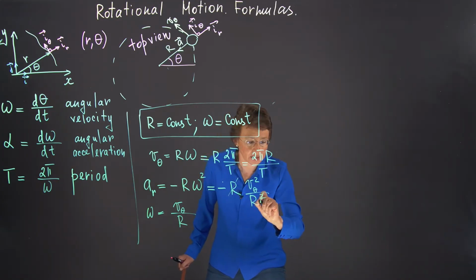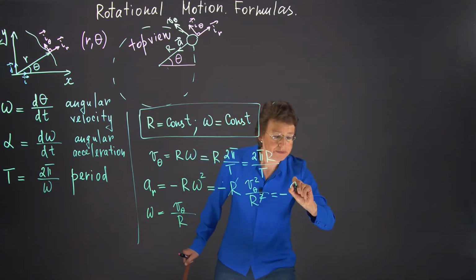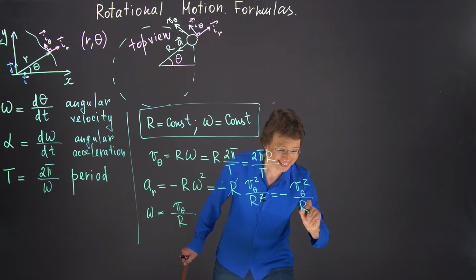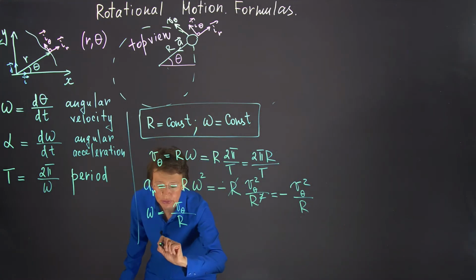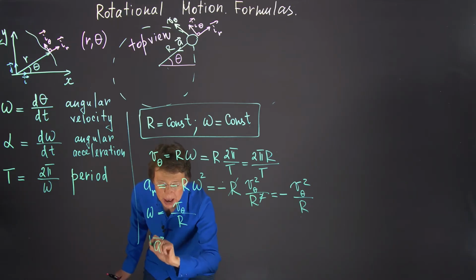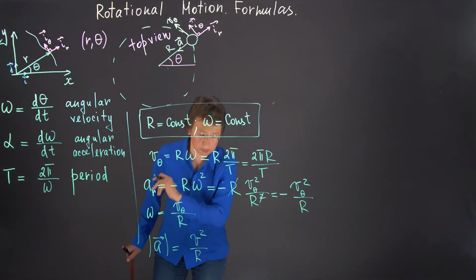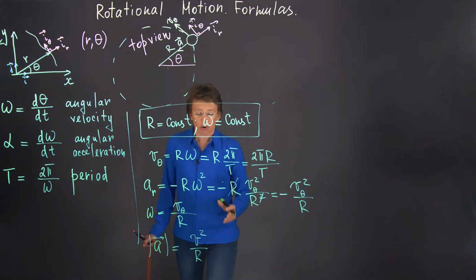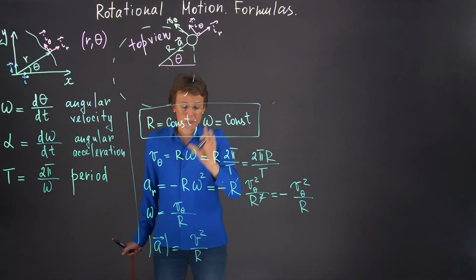R squared, what do we get? It is equal to minus v theta squared over r. And you probably recognize this formula. So what was the magnitude of the centripetal acceleration? Just the magnitude. It was v squared over r. Sounds familiar to you, right? And velocity is 2 pi r over T. So we know how to describe this specific situation.